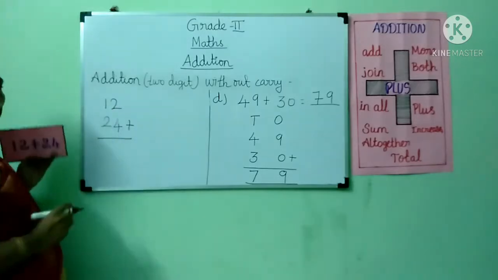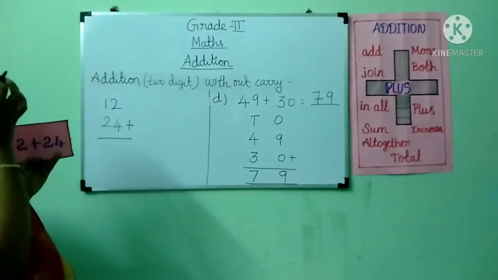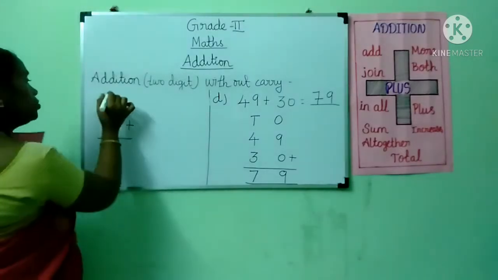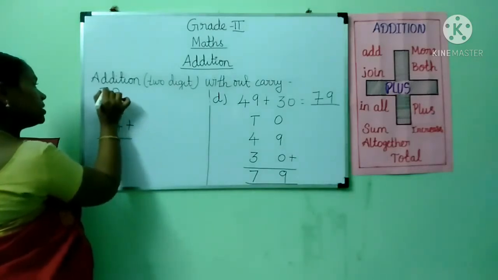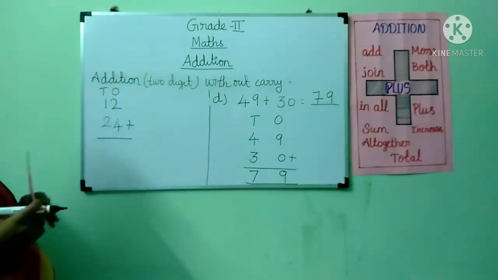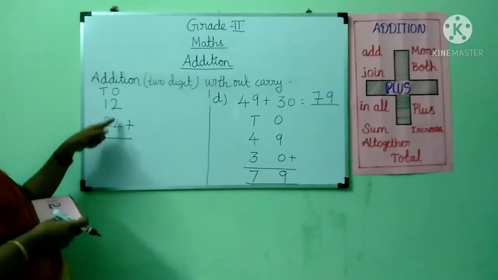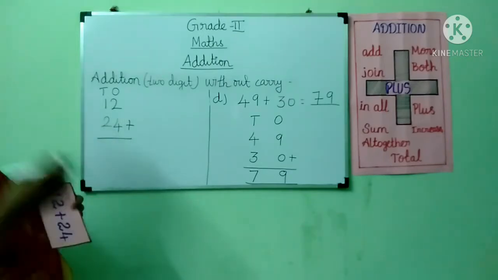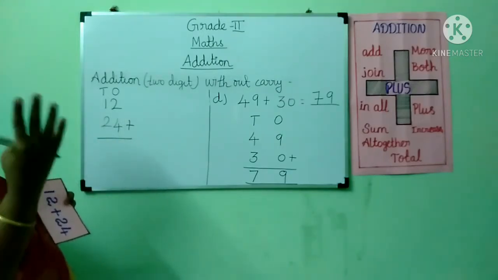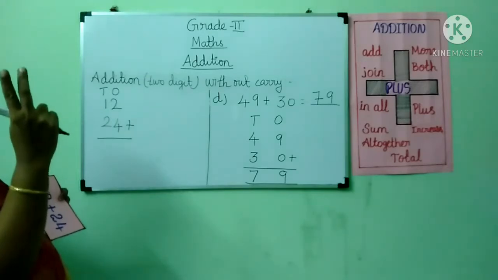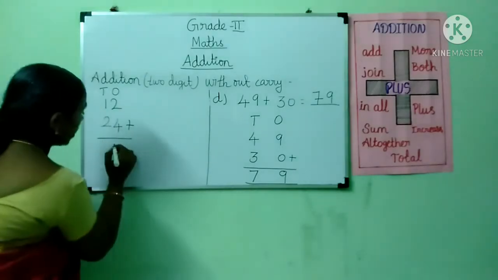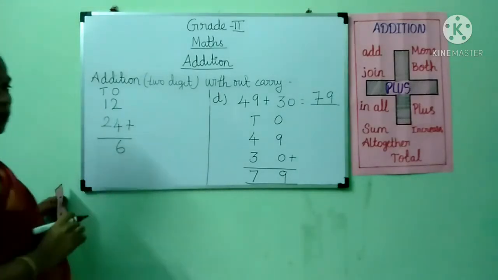Now add this 2 number. Which is a ones place? Which is a tens place? Yes, 2 is a ones place. 1 is a tens place. We should add from ones place. 2 plus 4. 2 in the mind, 4 in the finger. 2 after 3, 4, 5, 6. So write 6 in the ones place.